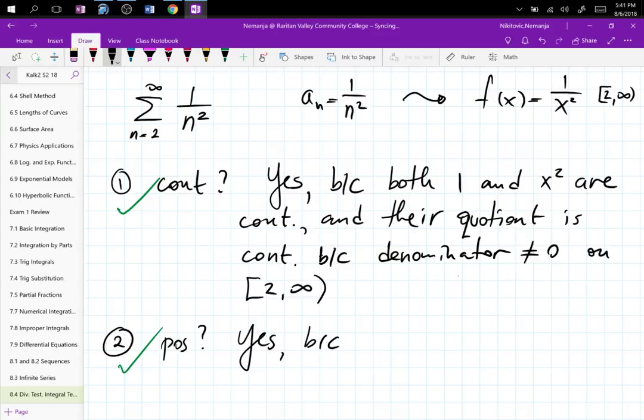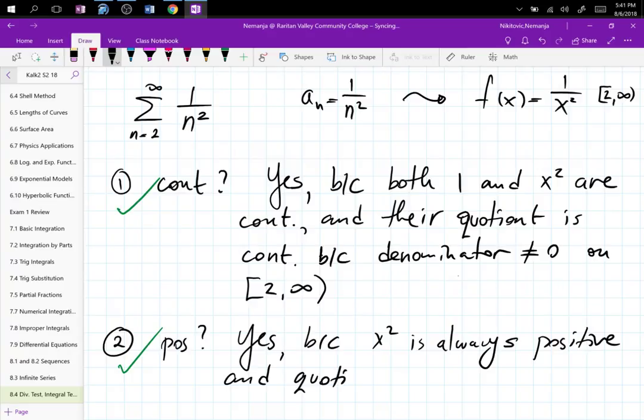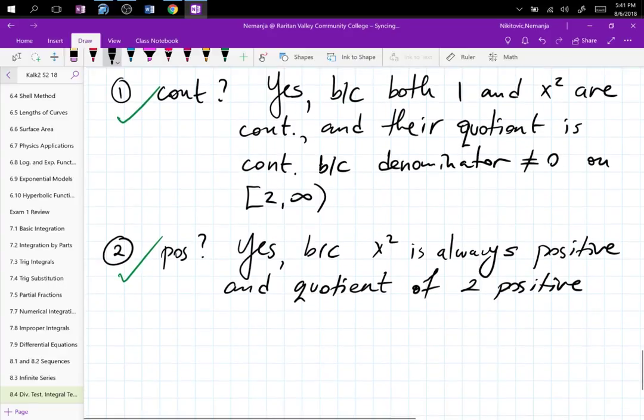Because x squared is always positive, and quotient of two positive numbers is a positive number.